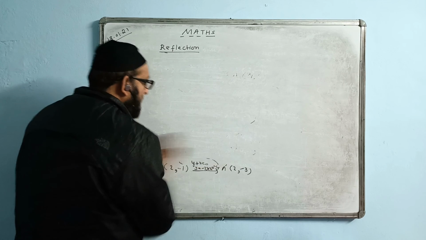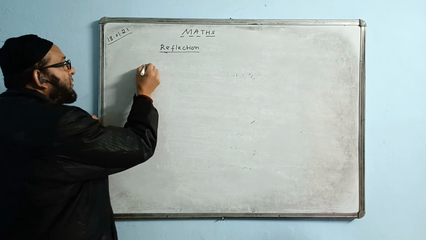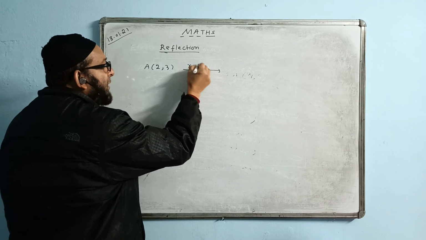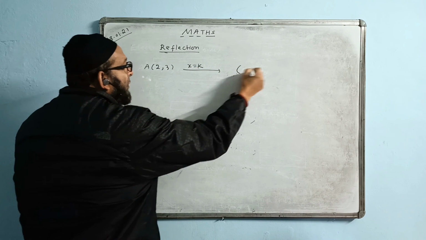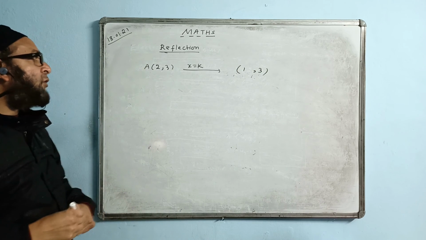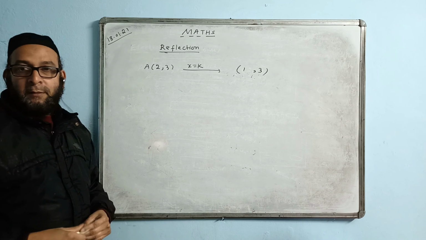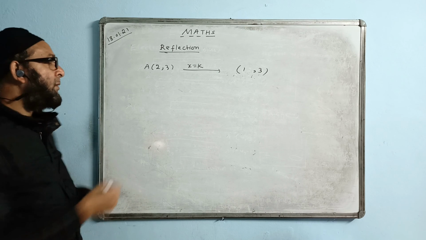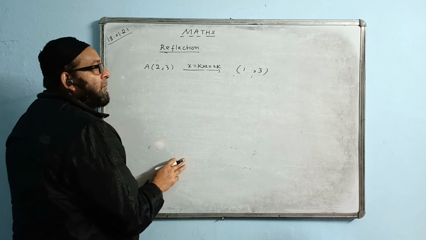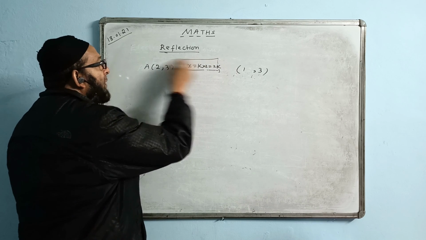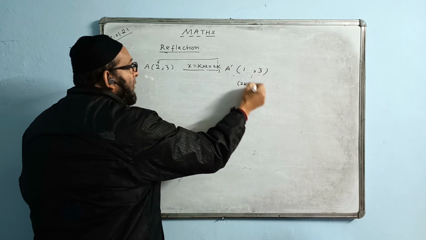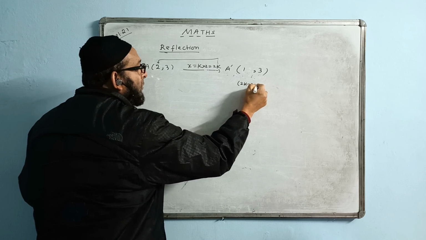Suppose another case. Suppose they have given a question like this: A is equal to (2, 3) and the line is given as x = k, and the answer they are showing is (1, 3). They are asking to find the value of k. Can you find the value of k? K into 2 you will do. The answer comes 2k, no? Then 2k minus 2 is supposed to be the answer here, so (2k - 2, 3).